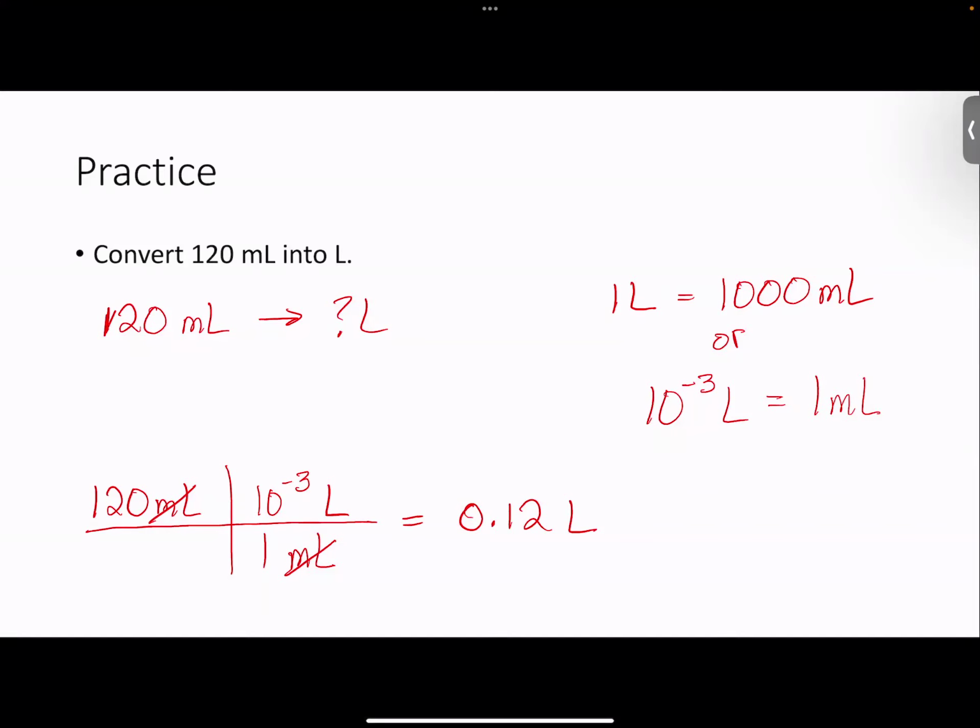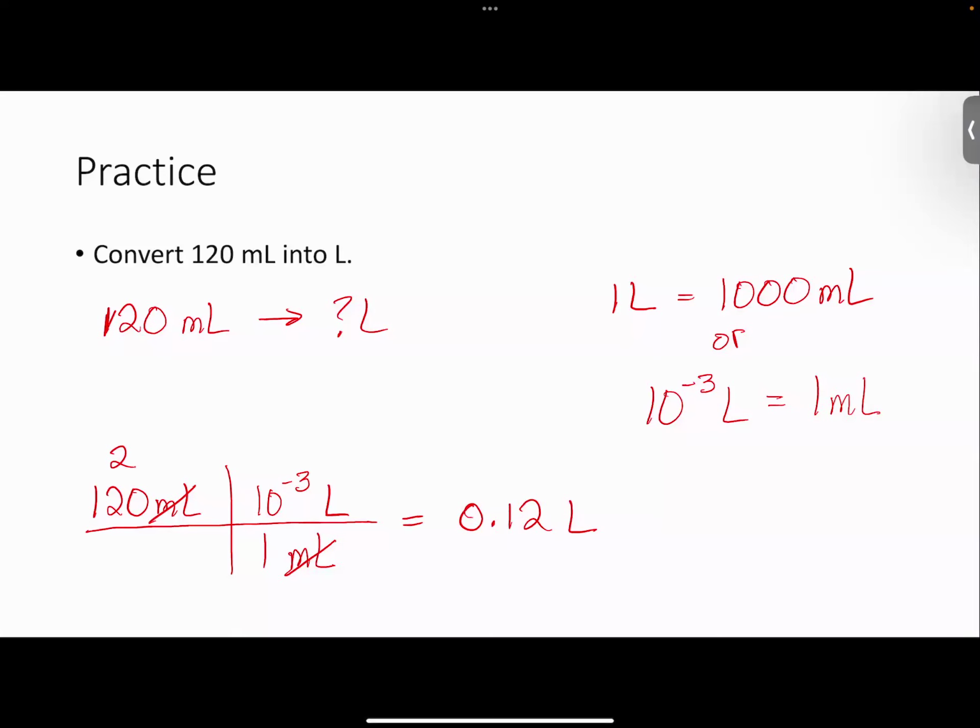The question is, how many sig figs should I use? My first value has how many significant digits? I heard 2 and I heard 3. It's 2 because there is an assumed decimal point.